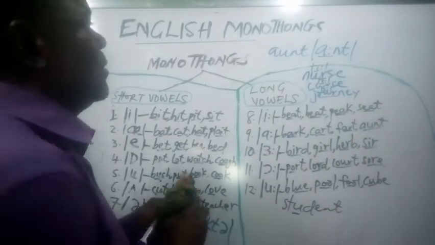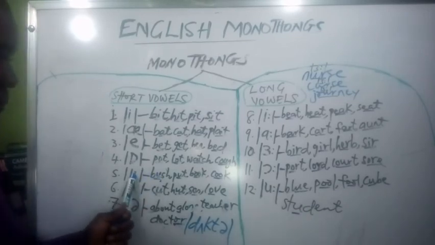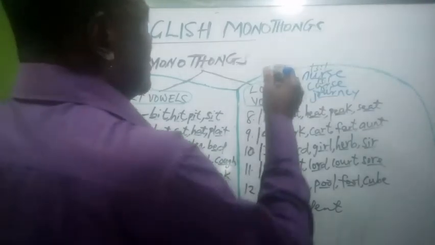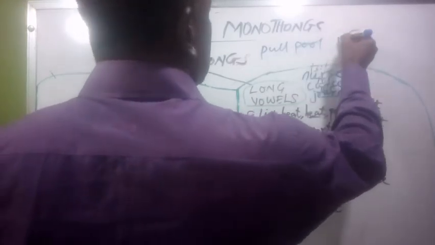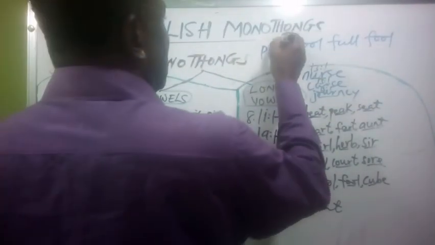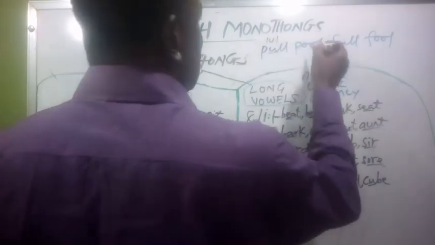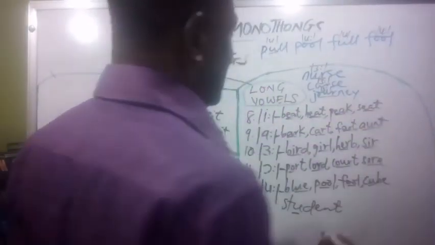Now, this is in contrast to the short U sound here. Now let's look at these words. Here we have the short U sound, here we have the long one, here we have the short one, and here we have the long one.